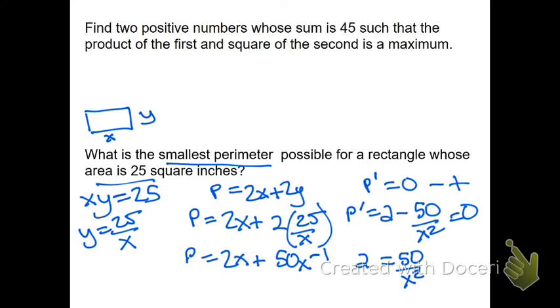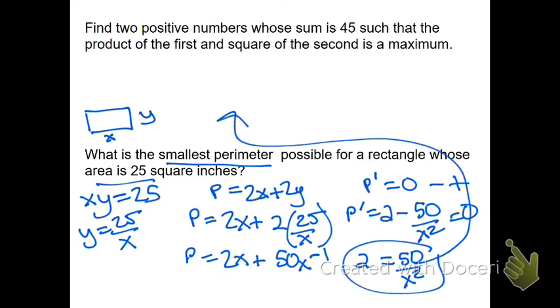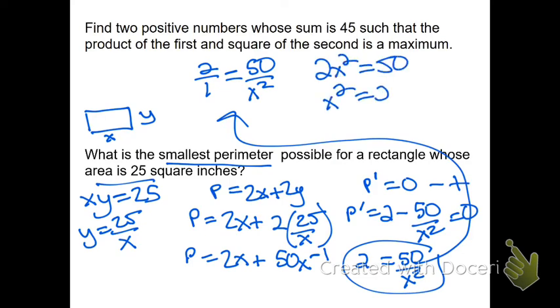Cross multiply. I'm running out of room again, just like I did the last time. Okay, cross multiply. Just rewrote it. Cross multiply, 2x squared equals 50. Divide by 2 and x squared is 25. Square root, x is 5 or negative 5, but you can't have a negative length of a rectangle.